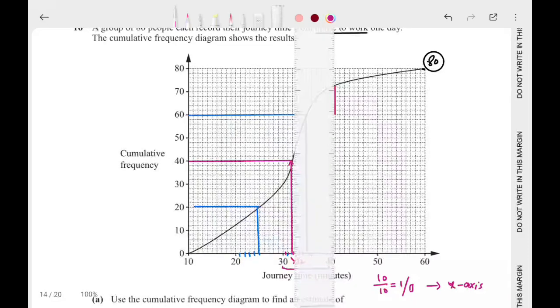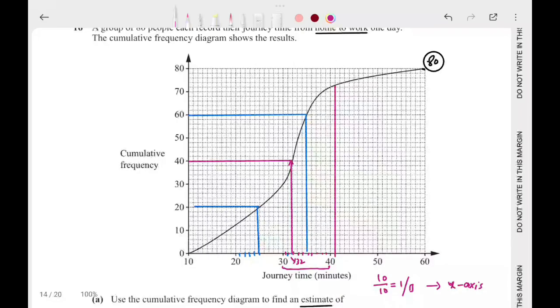So it would be, and the other value would be, I have taken the wrong values, students. Let me erase it and draw it again.